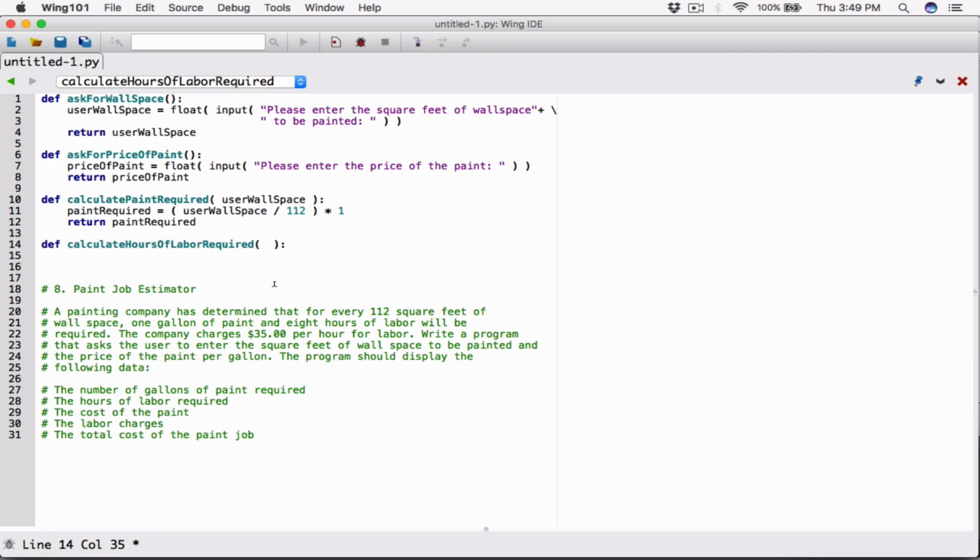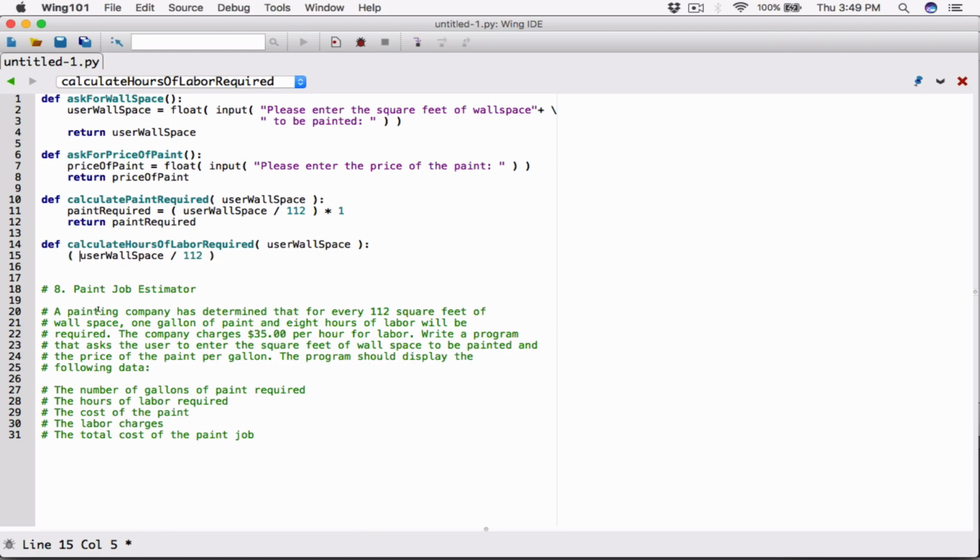We will need as a parameter, as an argument, the user wall space, just like this one. So I'm going to define a parameter called user wall space. To calculate the hours of labor required, remember, it was the user wall space divided by 112, and then we multiply the result of that by 8.